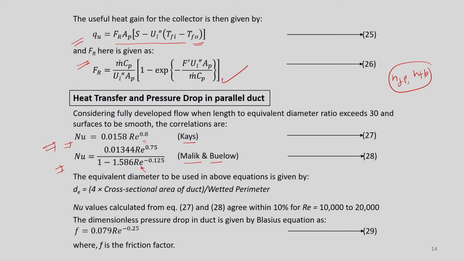diameter. This equivalent diameter is defined as 4 into cross sectional area of duct divided by the wetted perimeter.